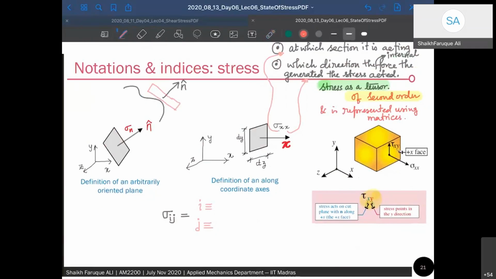So they will follow matrix addition rules and matrix multiplication rules. All those things will be followed by a stress of second order. Whatever matrix rules you have, they all will come and act on stresses.